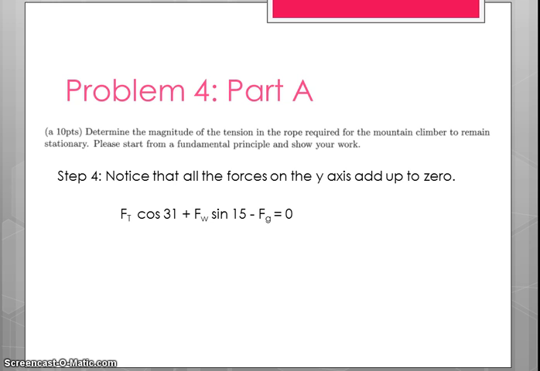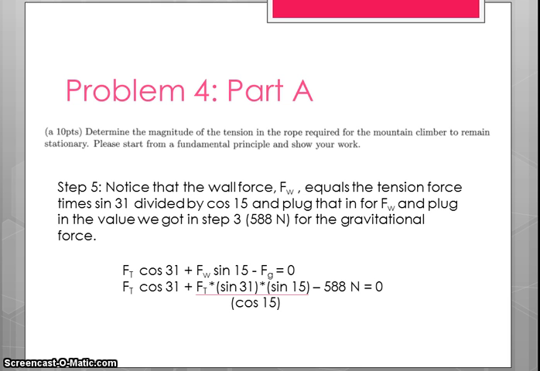So then you have the tension force that you find for the y-axis, which is F sub t times cosine of 31, plus the wall force on the y-axis, which is F sub w times sine of 15, and then you subtract the gravitational force since it is pointing downwards. And that is all equal to 0. Step 5.